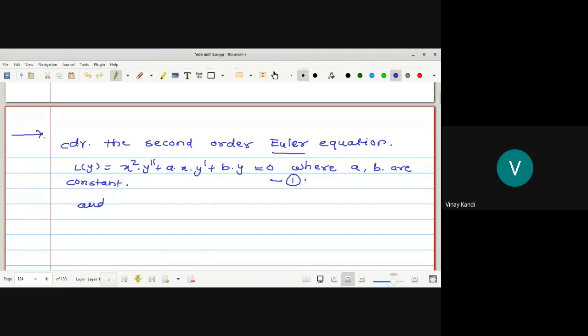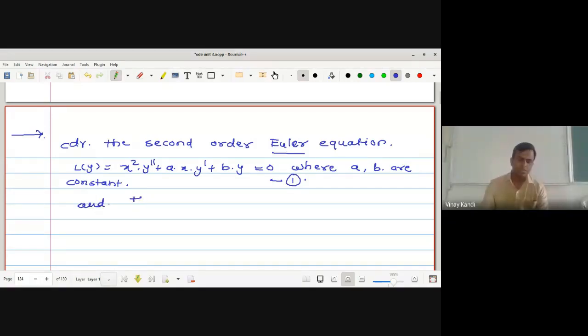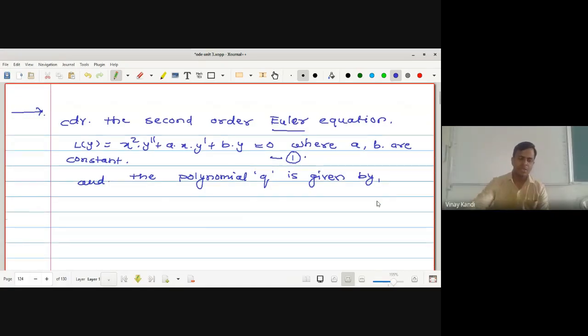And the characteristic polynomial q of r is given by q of r is equal to r into r minus 1 plus a into r plus b.